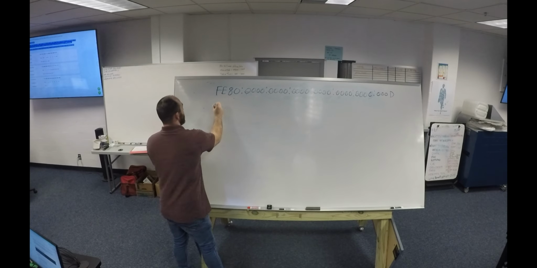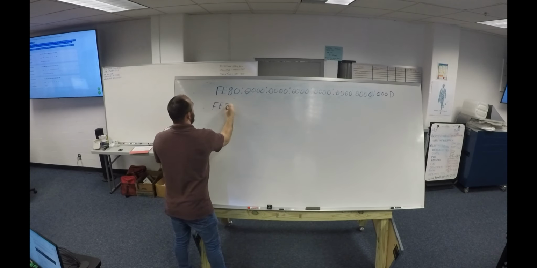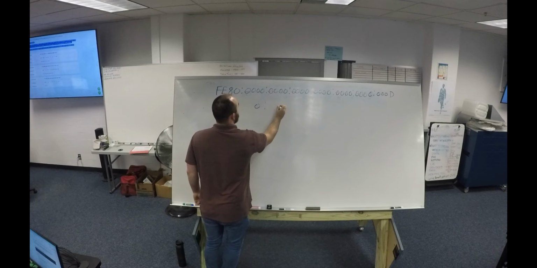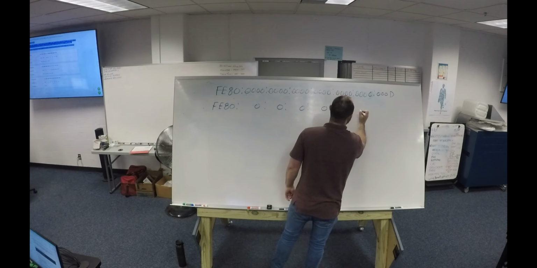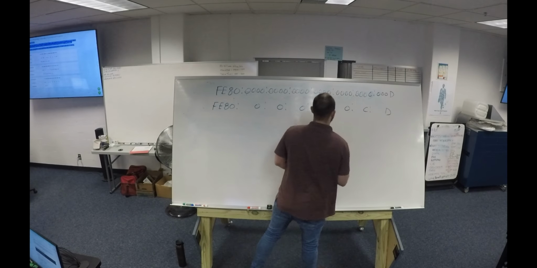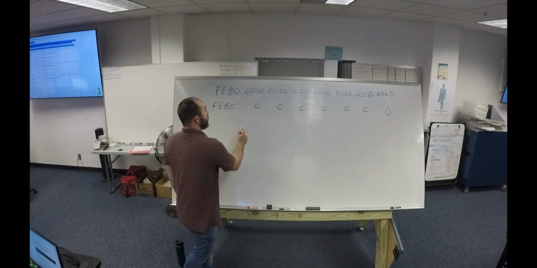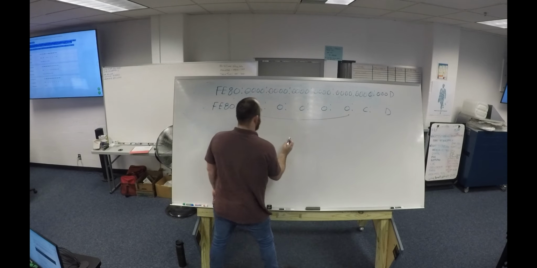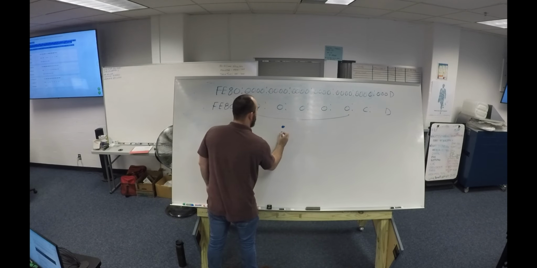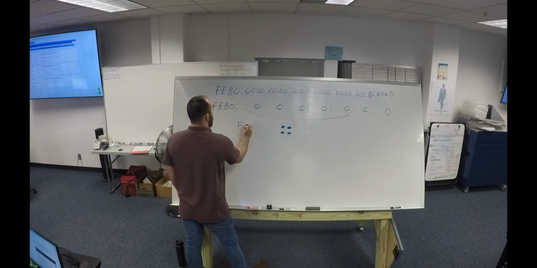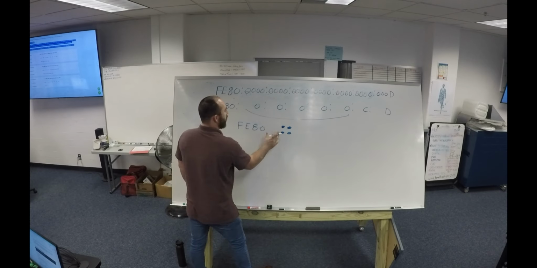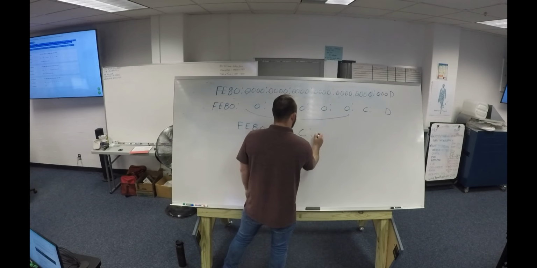That gives us FE80:0:0:0:0:0:C:D. The second rule, we can get rid of this with a double colon, which gives us FE80::C:D.